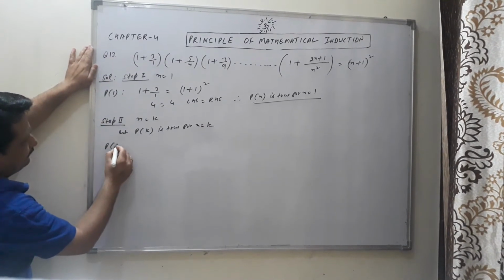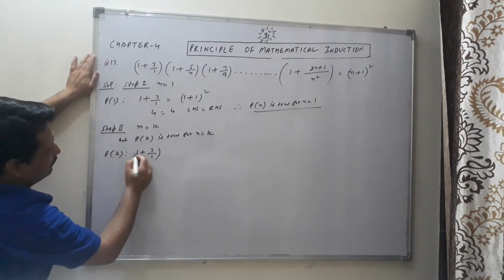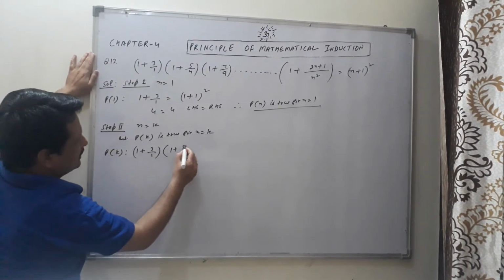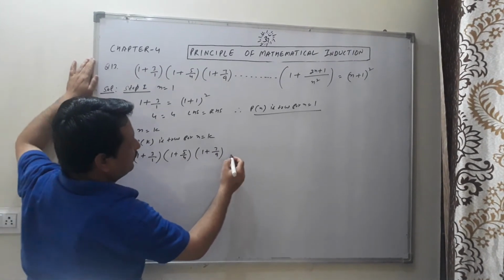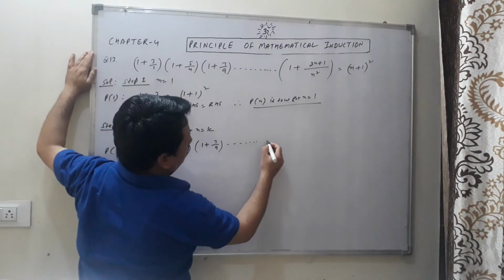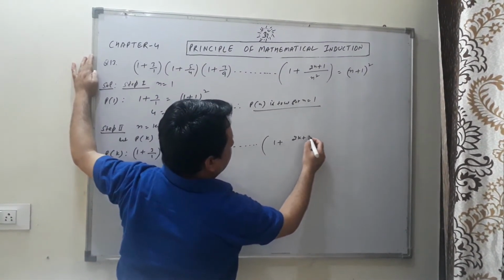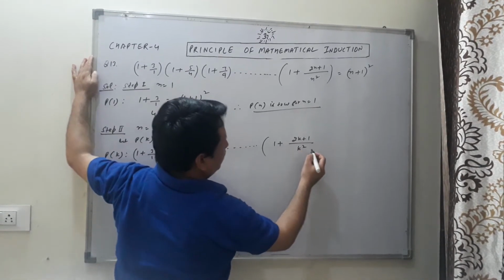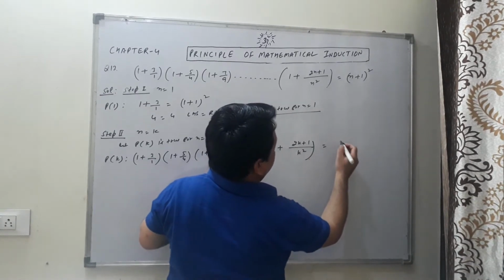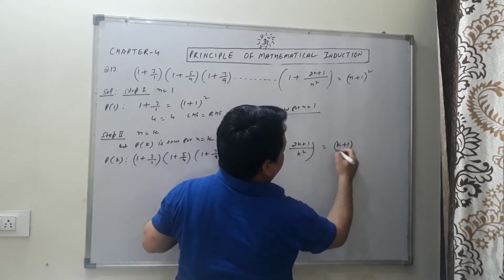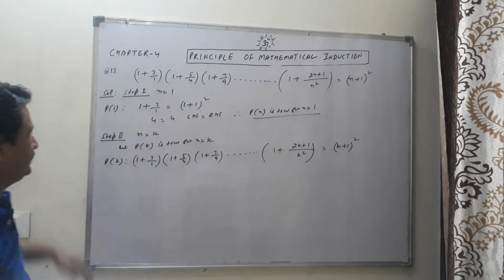So P of k: 1 plus 3 upon 1, 1 plus 5 upon 4, 1 plus 7 by 9, and so on, 1 plus, here it is now, 2k plus 1 upon k square. This is equal to k plus 1 whole square. So this is our second step, students.